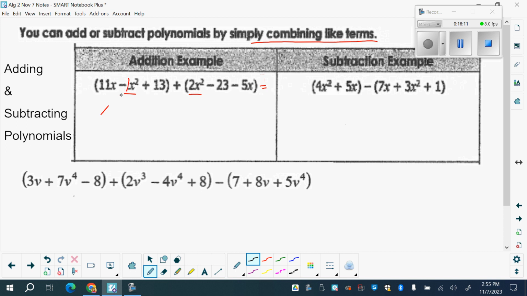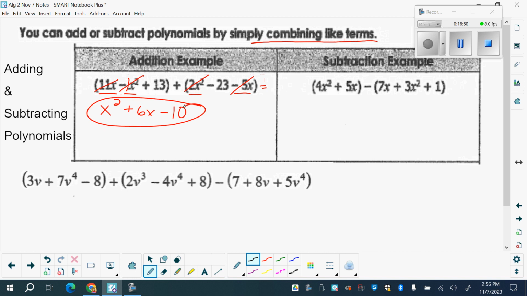What's -1 plus 2? 1. So that's just x squared. Does that make sense? And you can cross out the terms when you have added them. And then our x's, remember it's going in descending order, will come next. How many x's? 6x. We have 11 here, and we're subtracting 5. 6x. And then we have 13 minus 23. Minus 10.